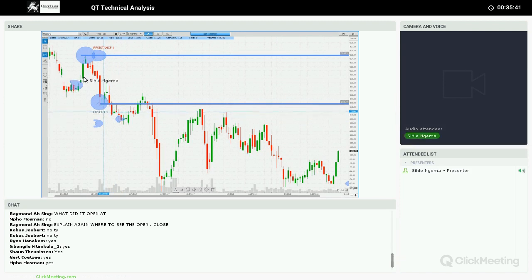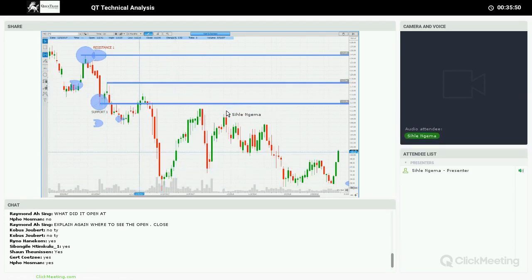Now this share went up from support 1, it went to resistance. So it formed a new resistance here at the price of 117.96 rand, which would be my resistance 2. I will identify it as resistance 2.